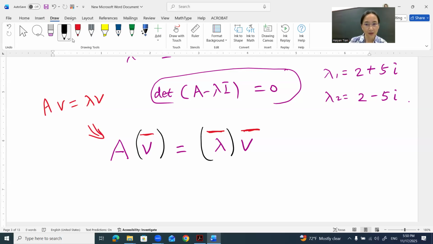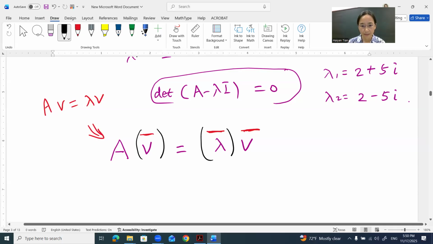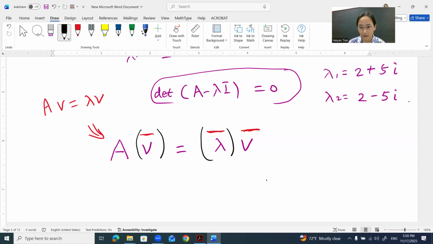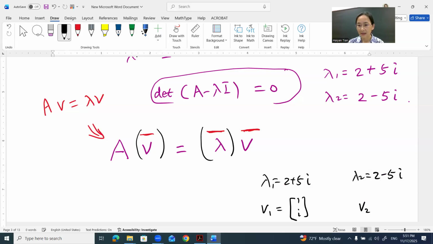Then let's calculate for lambda 1. When lambda 1 is 2 plus 5i, the corresponding eigenvector V1 is (1, i). For lambda 2, 2 minus 5i, one of the eigenvectors corresponding to this lambda 2 is (1, negative i).